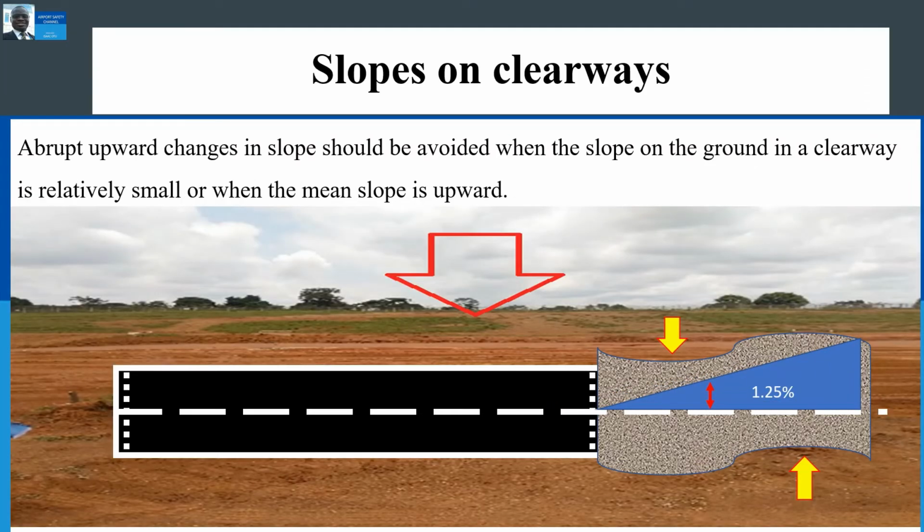Another item to note relative to the slopes on Clearways is that sudden or abrupt upward changes in slope should be avoided, especially when the slope on the ground in a Clearway is relatively small or when the mean slope is upward.